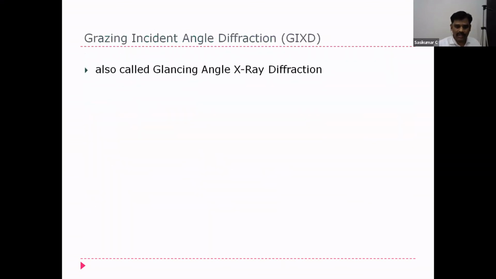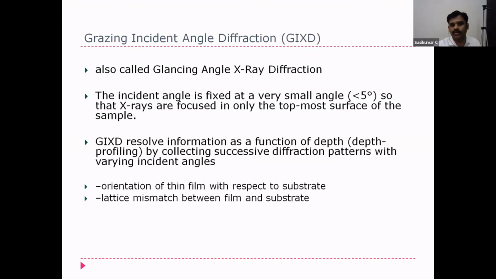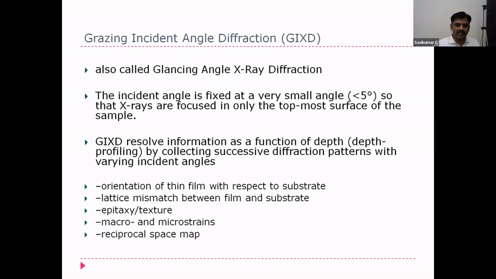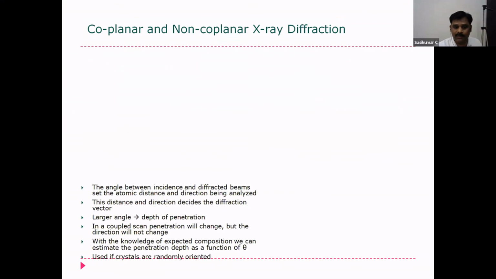And by using grazing angle diffraction, you can get information about the surface. If you are working with thin films, especially the lattice mismatch between the film and substrate, this grazing incidence diffraction will be useful. Also for epitaxial work or micro strain in your films, and reciprocal space mapping.